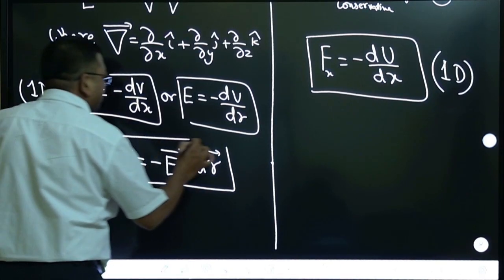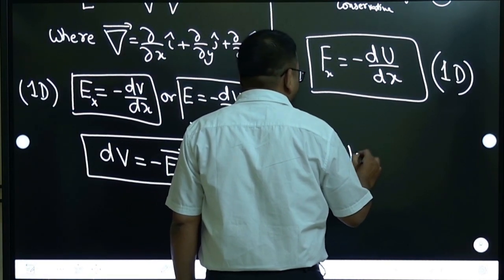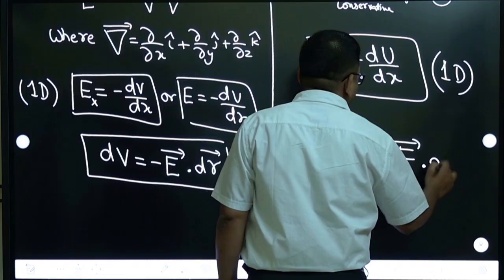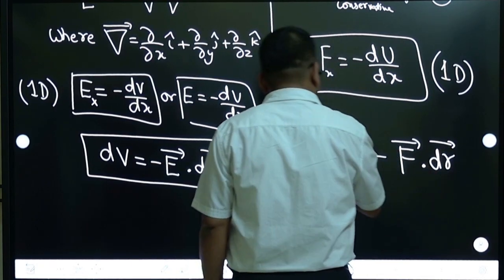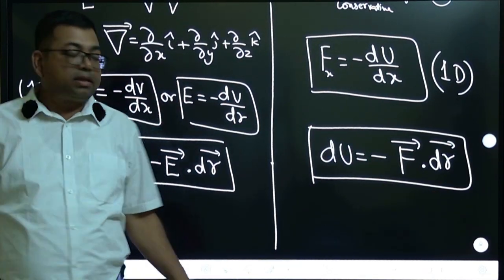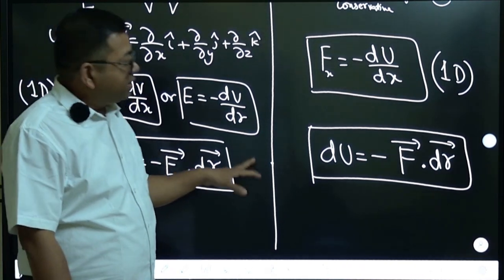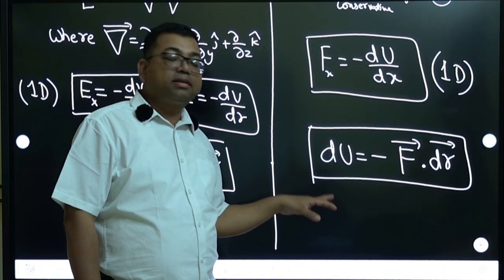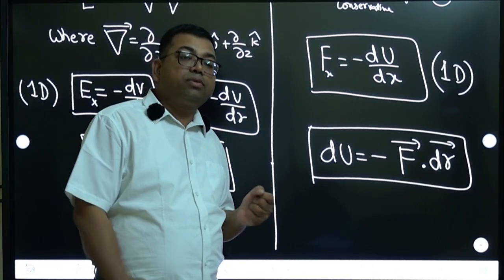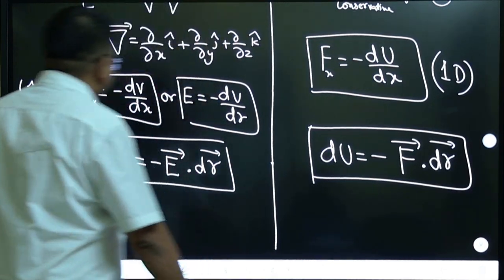Similarly here also, dU will be equal to minus F dot dr. So the change of potential is equal to minus E vector dot dr vector, and the change of potential energy is minus F vector dot dr vector. That F is any conservative force, like here it is the electrostatic force, a conservative force.